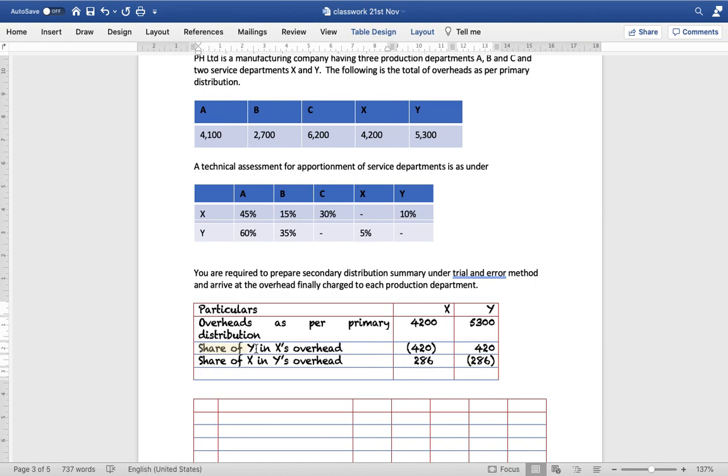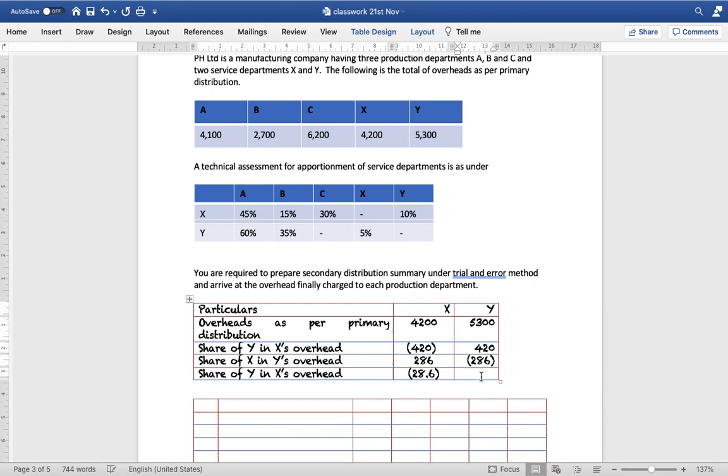Now share of Y in X overhead. So 10% goes to Y. So 28.6.